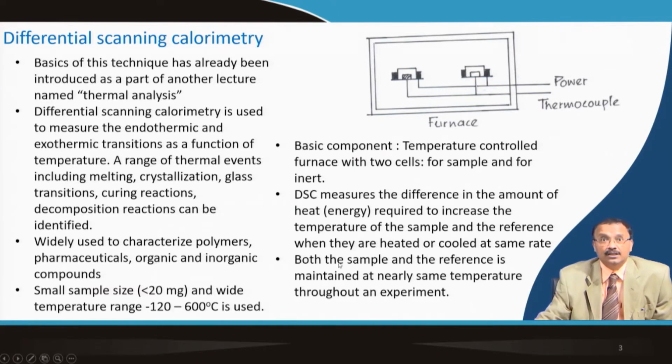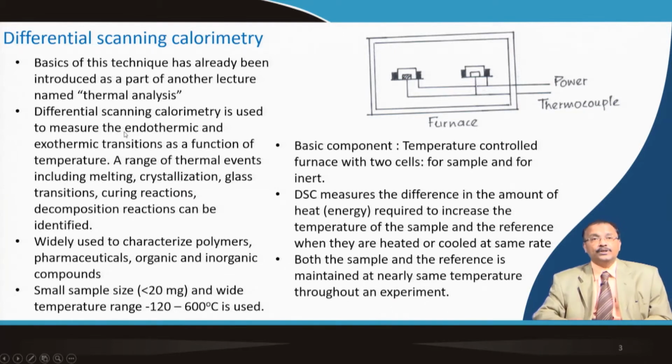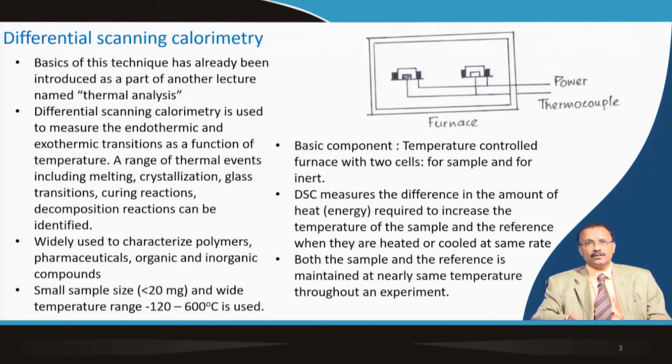So, differential scanning calorimetry, the basics of this technique, have already been introduced as a part of another lecture. The DSC is used to measure the endothermic and exothermic transitions as a function of temperature. A range of thermal events is possible: melting, crystallization, glass transition, curing reactions, decomposition reactions, all these can be identified.